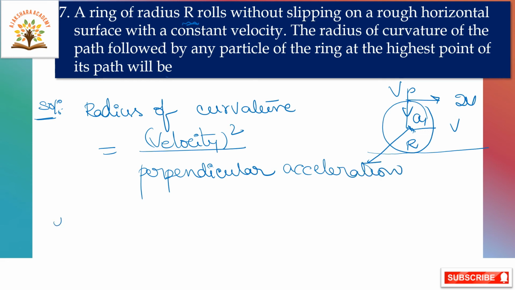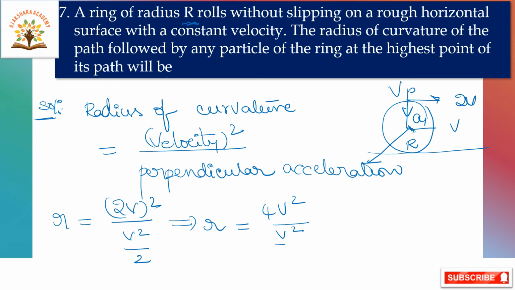So r is equal to (2v) whole square by v square by 2. Now we are calculating the radius of curvature of the path followed by any particle of the ring at the highest point of its path. So (2v) square, nothing but 4v square, by the perpendicular acceleration v square by r.